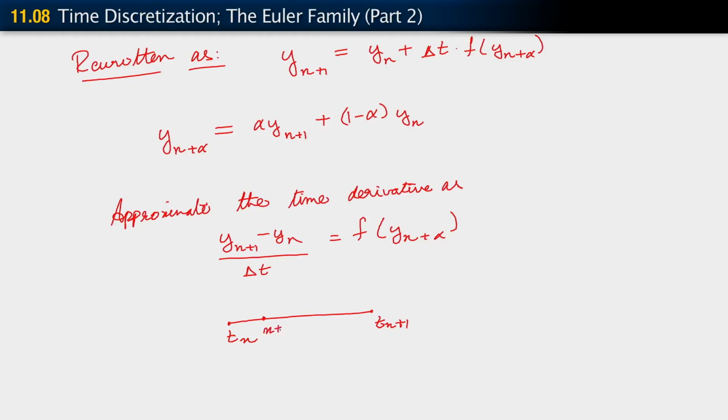That point is generically T at n plus alpha. By choosing different values of alpha, including alpha equals 0, alpha equals 1, alpha equals half, or really anything else, we get particular properties for our method. So this is where the approximation of the time derivative comes in. We have this side, which is the linear approximation, and here we're approximating the ODE by evaluating the right hand side at some Tn plus alpha. So this is the basis of the Euler method, and we are going to apply it to our time discretized ODE when we return in the next segment.